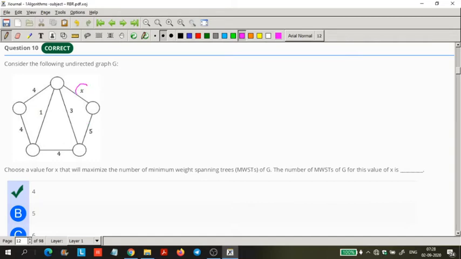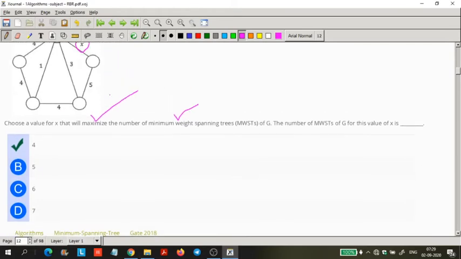Choose a value for x that will maximize the number of minimum weight spanning trees of the graph G. The number of minimum weight spanning trees of the graph G for this value of x is asked.